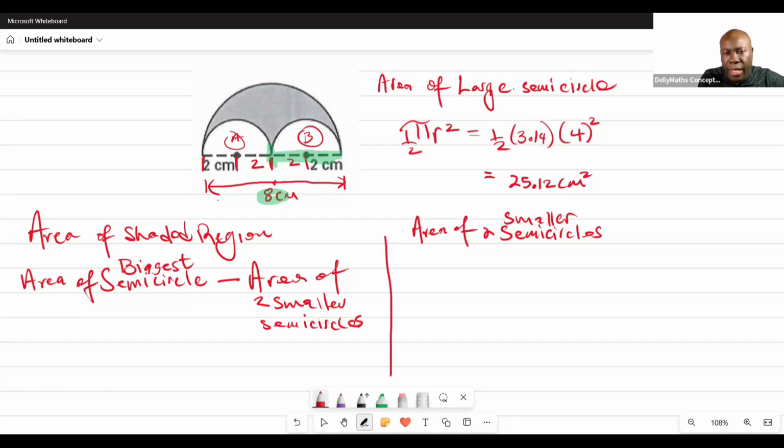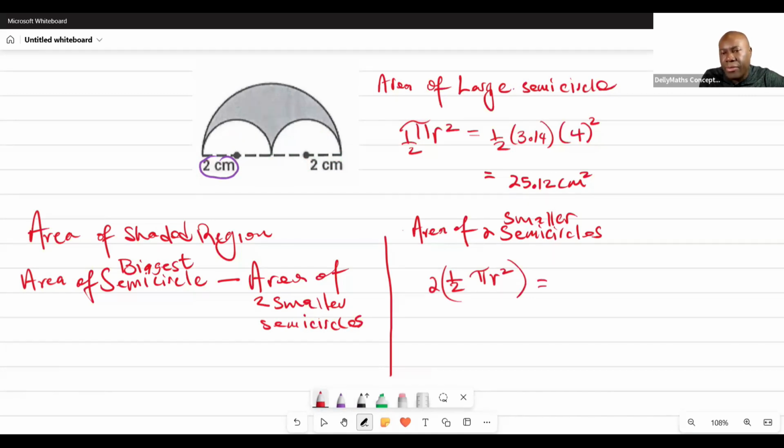First, let's clear it up so we can look at it. You take a look at these semicircles. This is the radius, which is 2. So they are the same. So basically, we're looking at a half pi r squared, but this is for one. We're going to have to double that up because it's two of them.